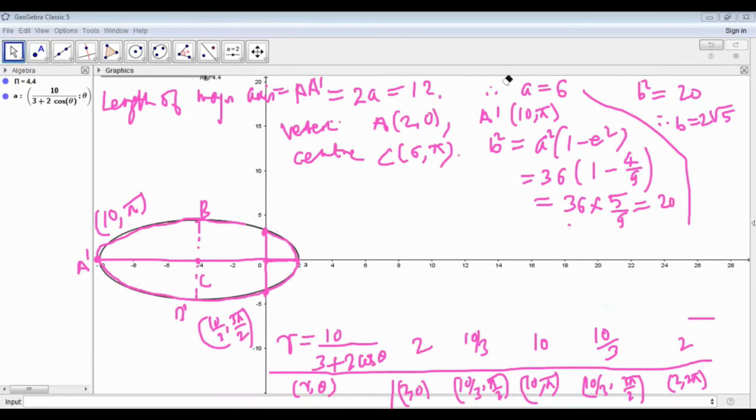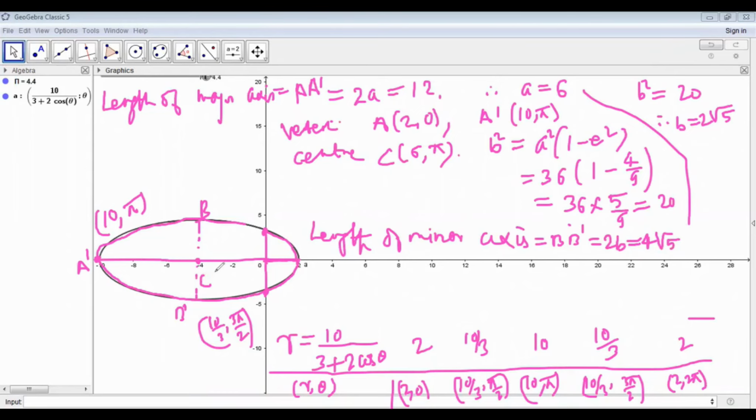B dash is the other end of the minor axis, and its length is 2b. So 2b equals 2 times 2 root 5, which is 4 root 5. This is the length of the minor axis.